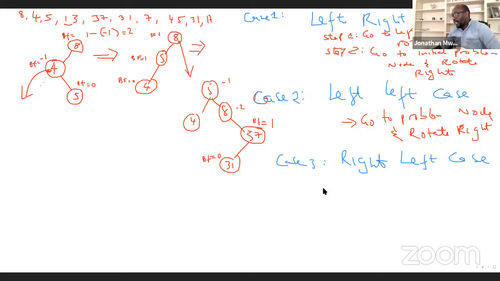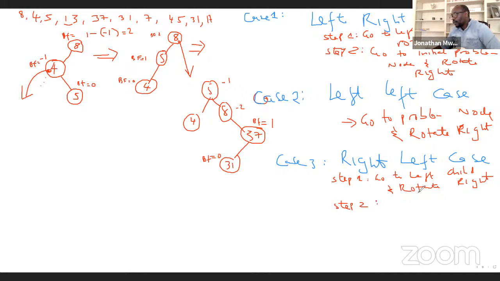Because of the right-left case, again we have 2 steps here. Step 1, go to the right child and rotate right. That's step 1. Step 2, just similar to this other one.